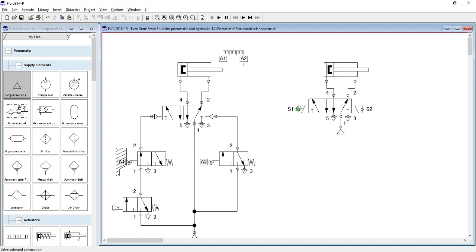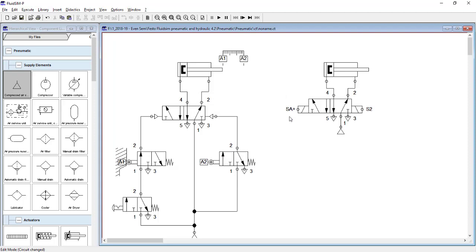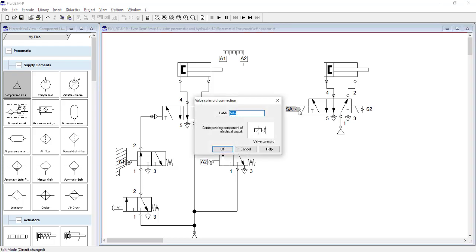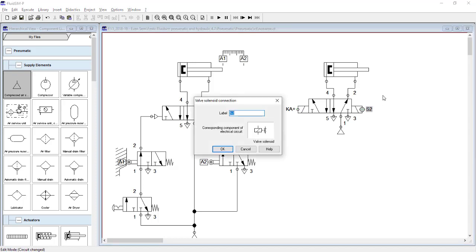So I will put the name of this solenoid as SA plus, or generally in our syllabus, in most textbooks, it is given as KA plus. So for solenoids, they use the symbol K. This is the naming convention that I will be following. So here it will be KA plus and here it will be KA minus.